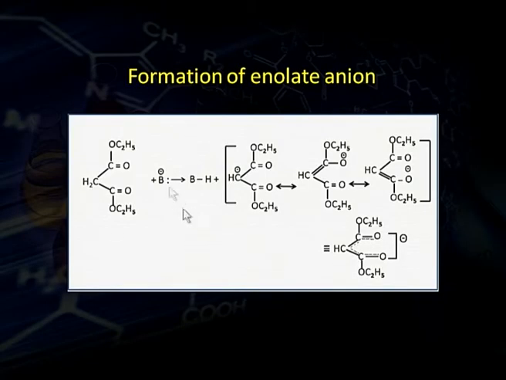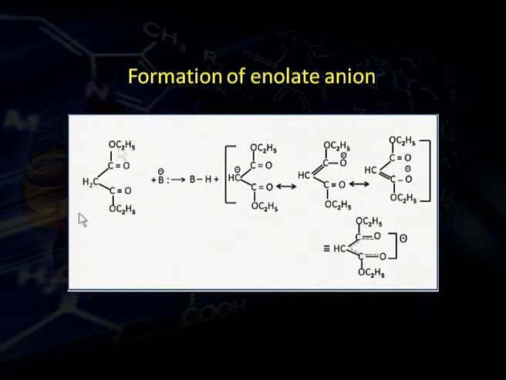Because of this acidic nature, we can use diethyl malonate for the synthesis of a large number of compounds. Its utility depends upon three reactions: formation of enolate anion, alkylation of the enolate anion, and hydrolysis and decarboxylation. First of all, we will take formation of enolate anion.